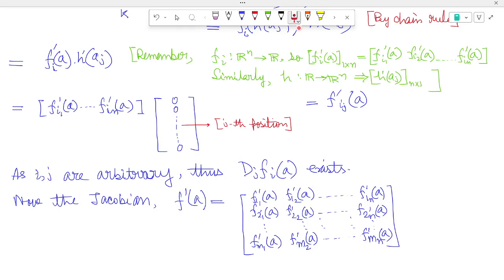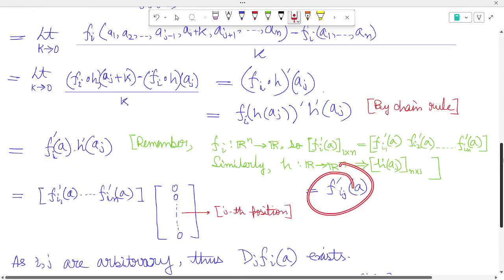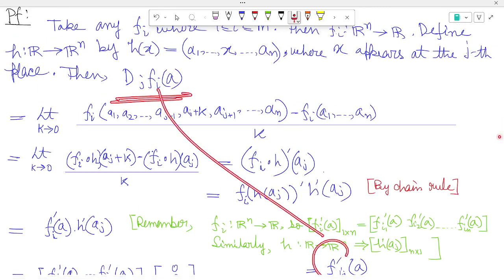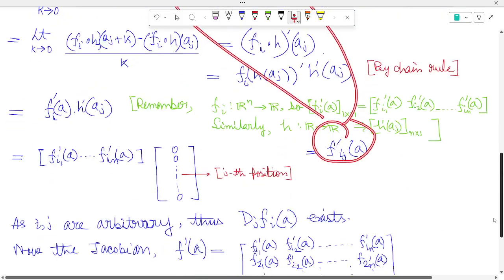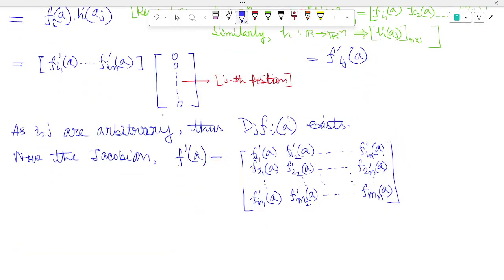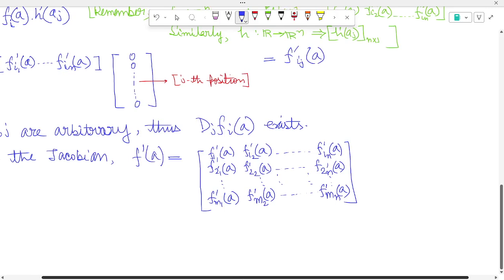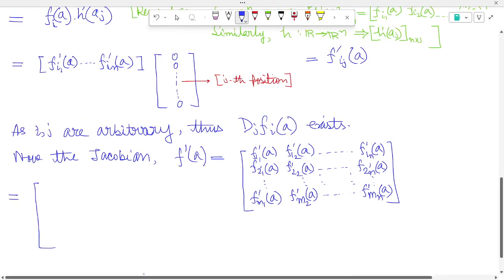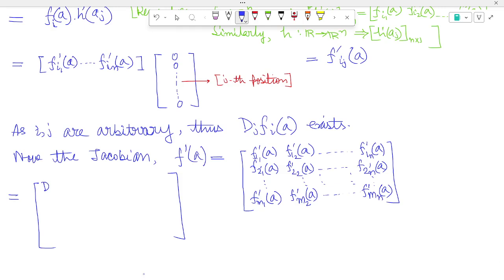But this thing, whatever element you select, the ith element is actually this that we proved. So I can replace this thing by this. Where? Here. So that is nothing but d1 f1 a.